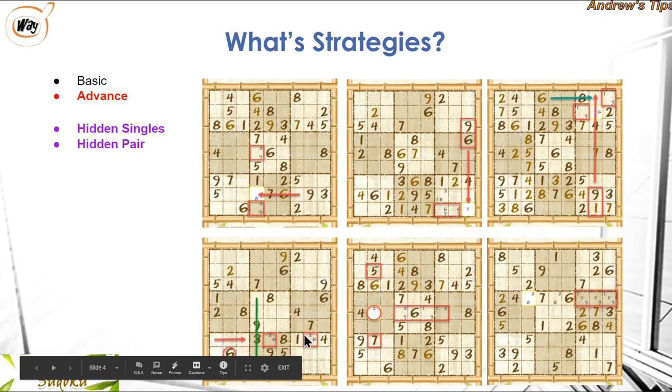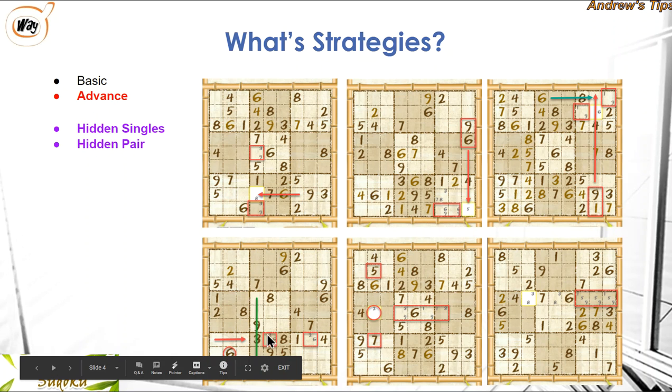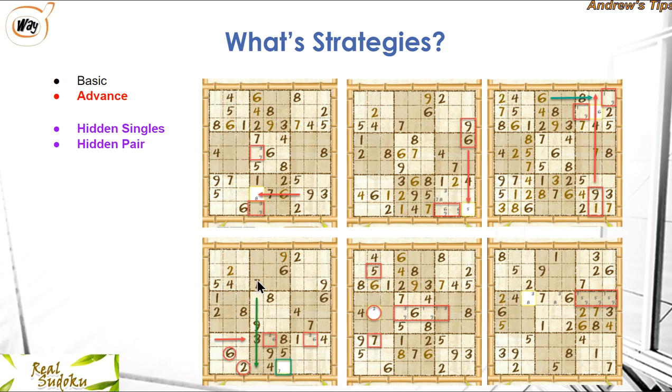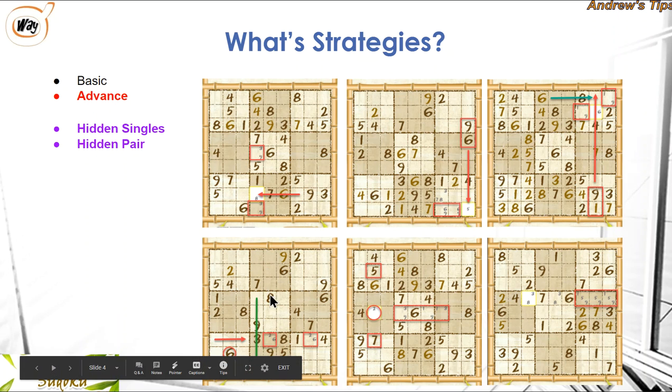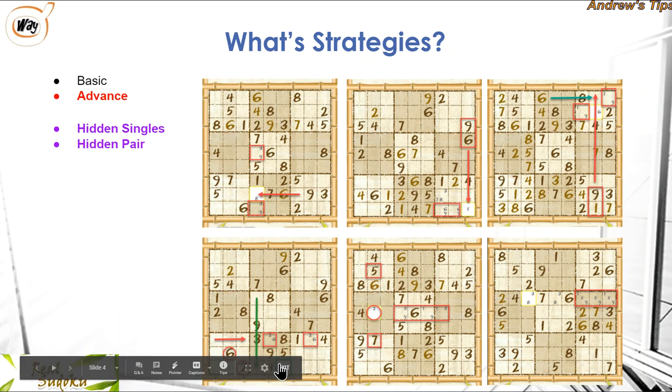You can put the 2 and 6 here, right? Because 2 and 6 are already there, not other numbers, it must be 2 or 6. And this way is 7. So among the 3 empty cells here, put the 7 from here to the end, only 1 cell is left. You can put the 7 in this corner.